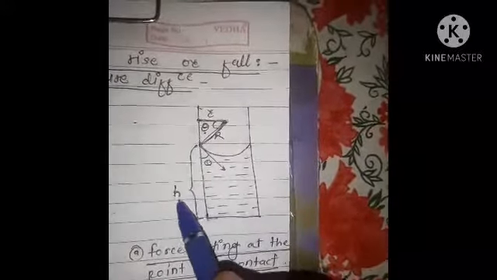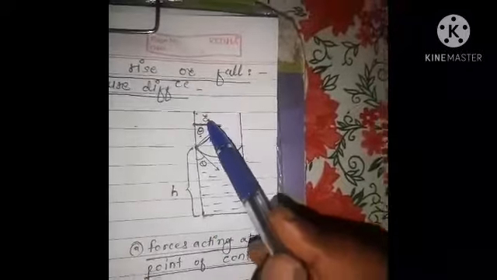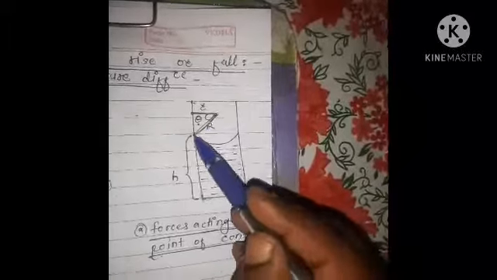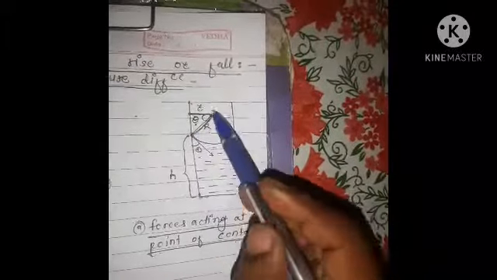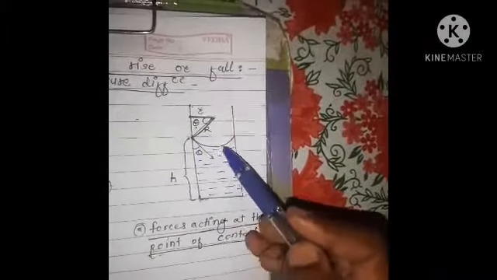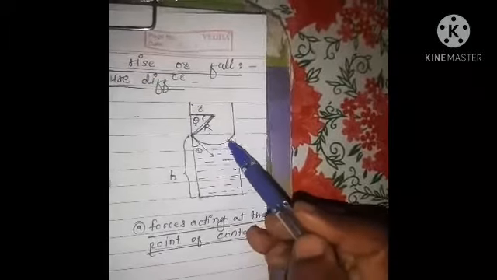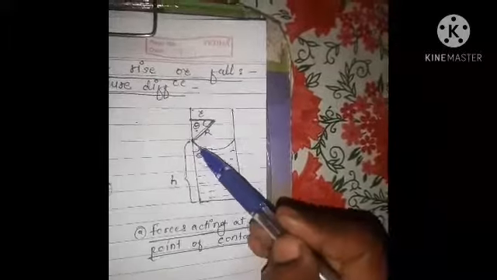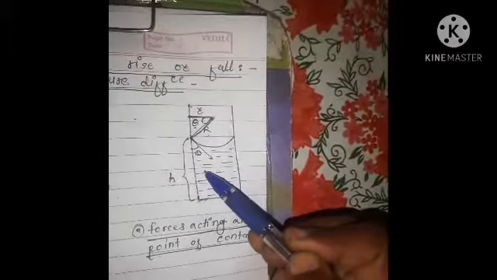This is a capillary tube in which the liquid column is of height h. Small r is the radius of the capillary tube, capital R is the radius of curvature of the liquid meniscus, and theta is the angle of contact of the liquid.